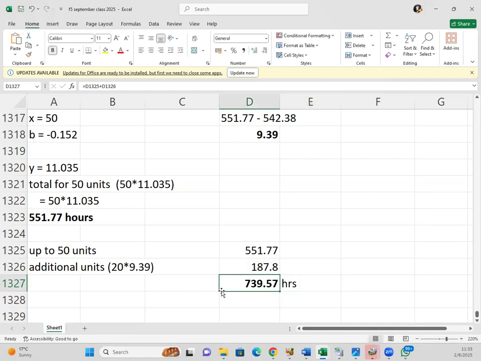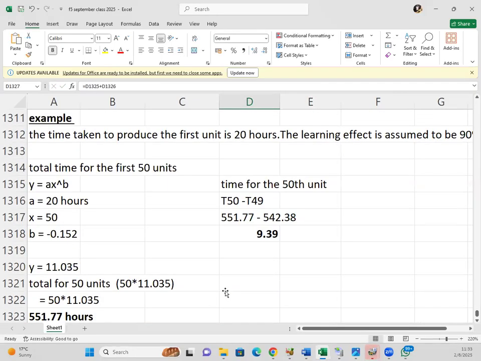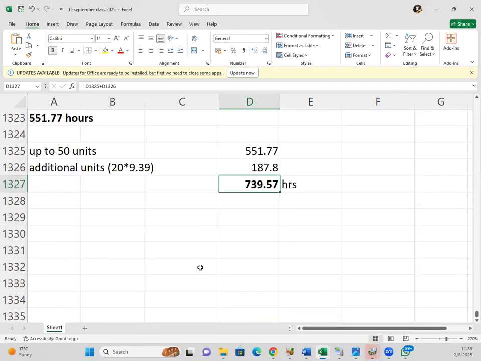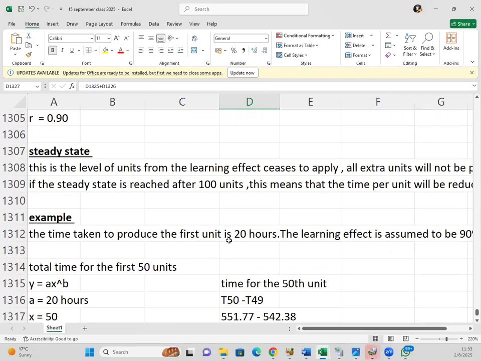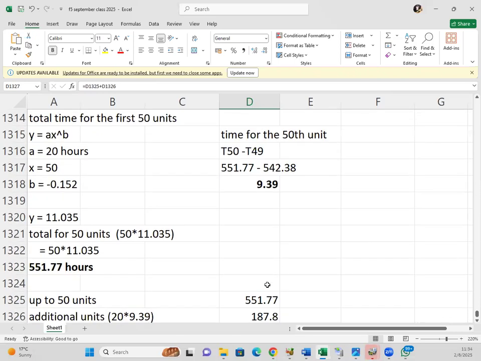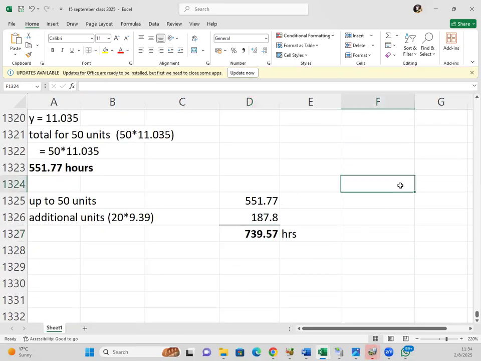So if we are budgeting labor and there is learning, there is the issue of the learning effect. It's not just a matter of saying the first unit is taking 20, so for 70 units, it's 20 times 70. If we had said 20 times 70, the answer would be 1.4. But because of the learning effect, the time that we take for the first unit is not the same for all the other units.